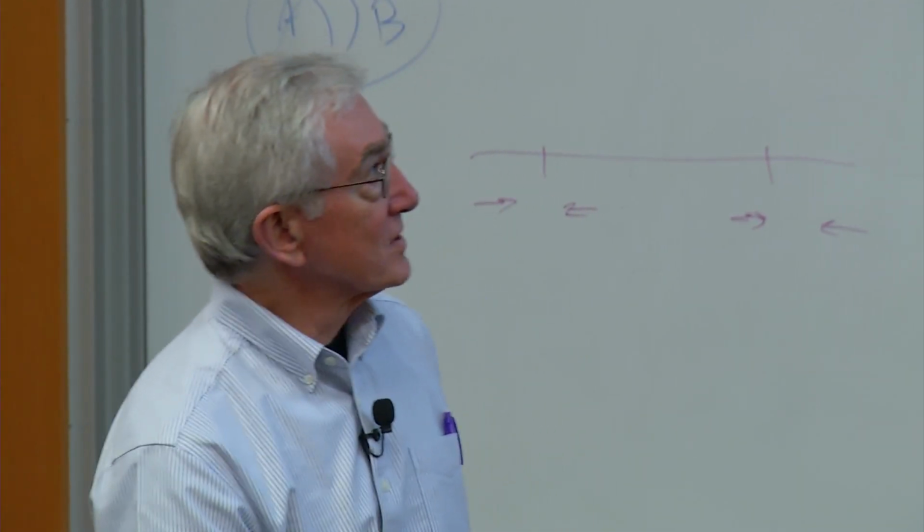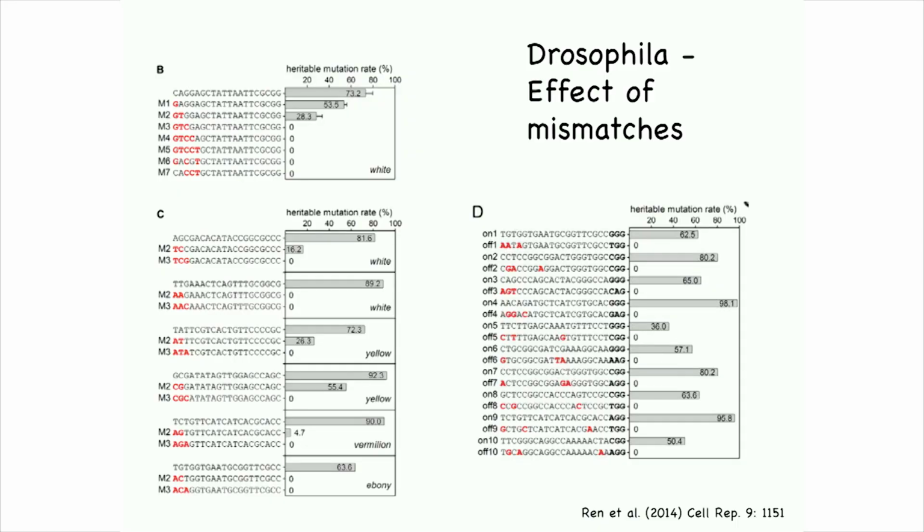This paper talks a lot about specificity. So they are looking at a particular target. This is the guide RNA sequence, to see what's the effect of substitution mutations coming in from the 5' end of the guide. So these are different guide RNAs at the same target.